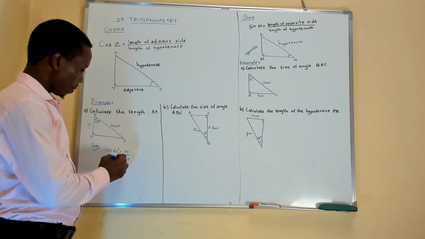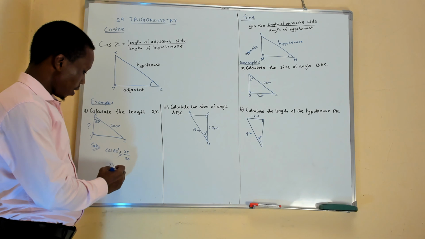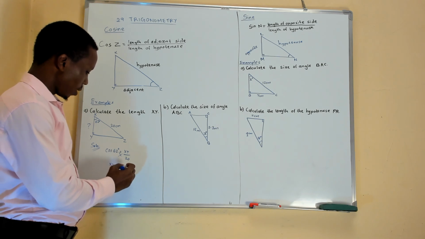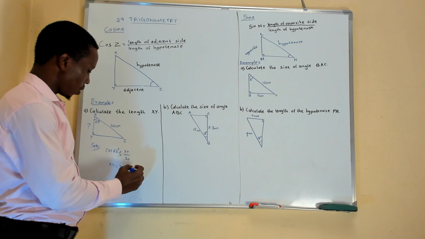So if I cross multiply, I have XY equals to 20 cos 62 degrees.